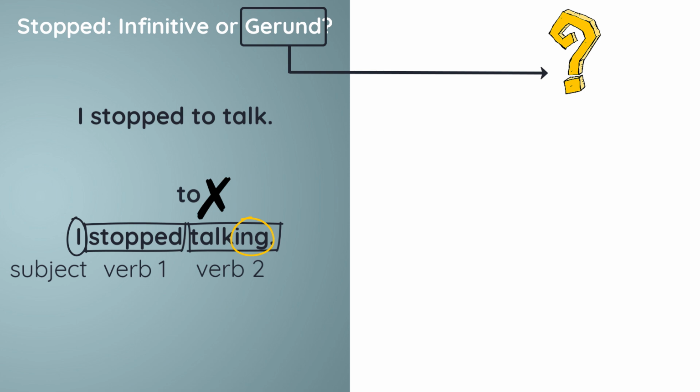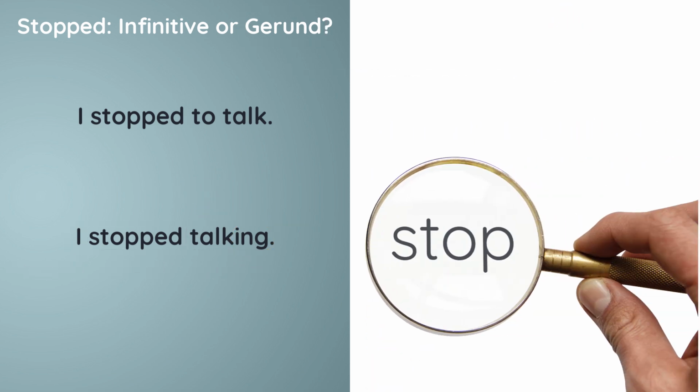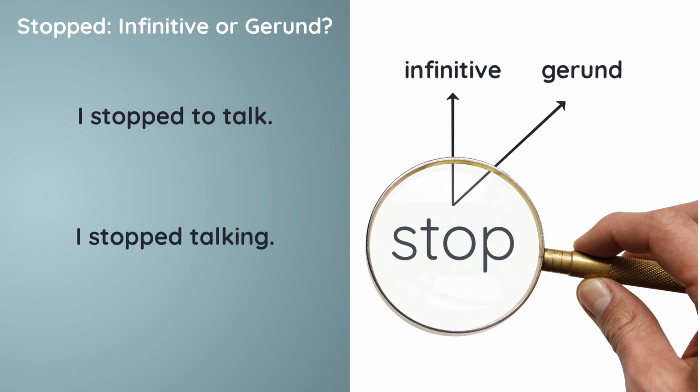So with gerunds and infinitives, what we are talking about is you have two verbs. Sometimes the first verb is followed by a second verb with ing, and sometimes it's followed with a to and a second verb. Okay, so we are going to look at just one verb in this video, stop. Because if we use the infinitive or if we use the gerund, it changes the meaning.